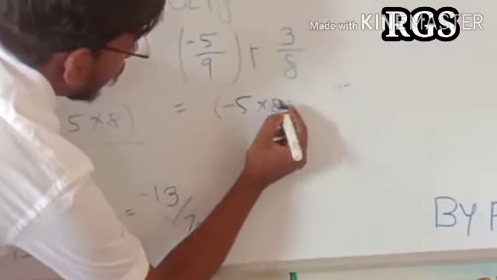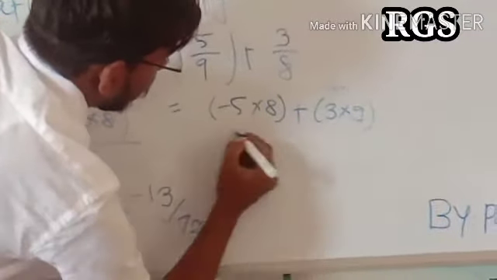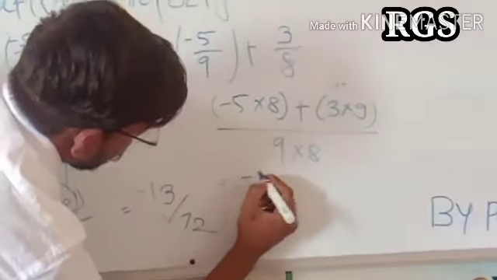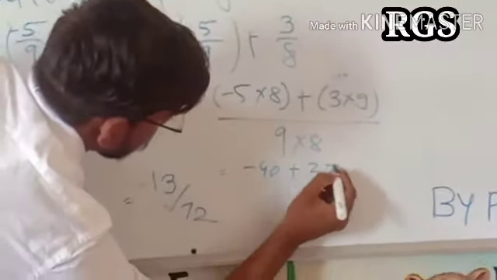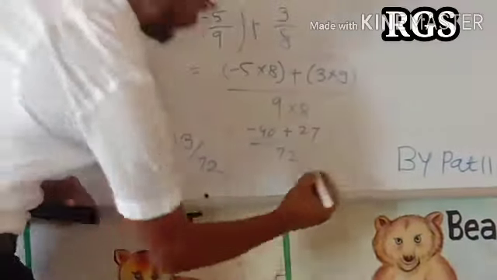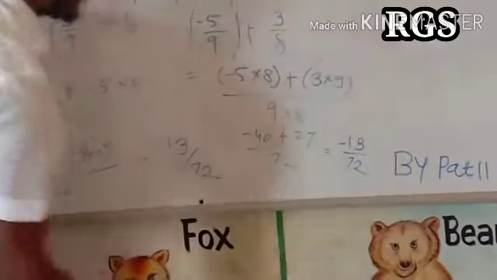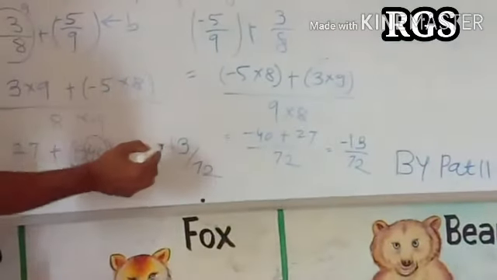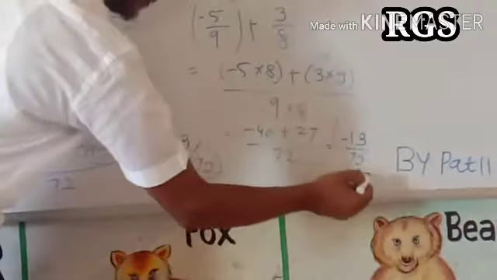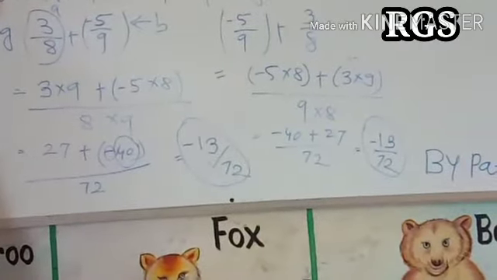Minus 5 into 8 plus 3 into 9, divided by 9 into 8, is minus 40 plus 27 divided by 72. What will we get here? Minus 13 upon 72. See here, the solutions of both these equations are the same irrespective of the order of their addition.